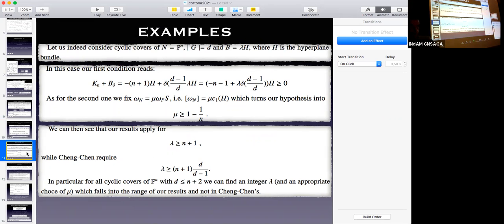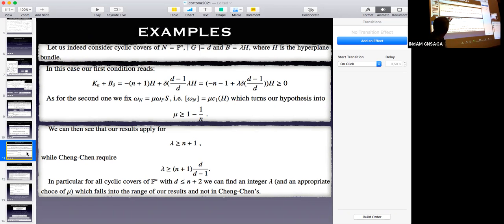You take a cyclic group of order D. You take the branch locus to be a multiple of the hyperplane bundle. That's of course forced by the fact that there is nothing else on the projective space. And then you do the numerology.